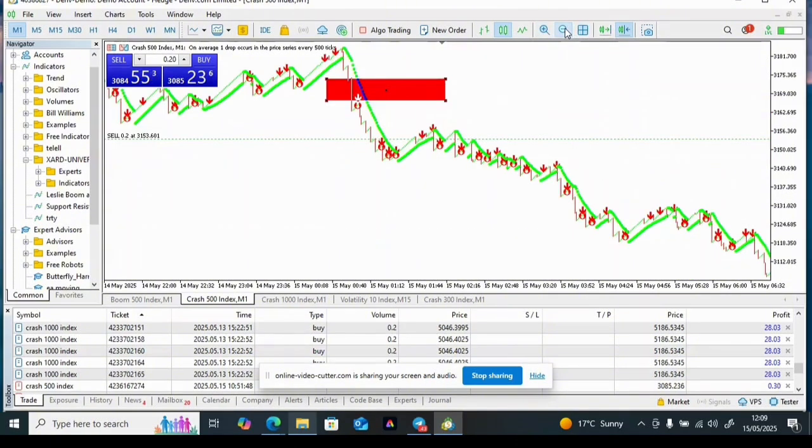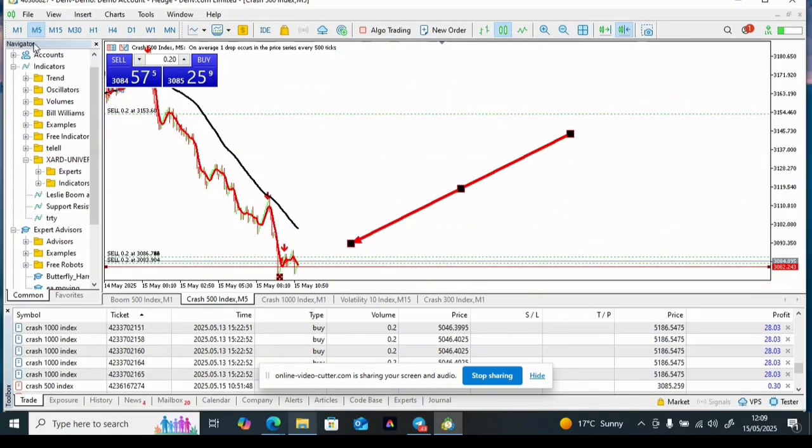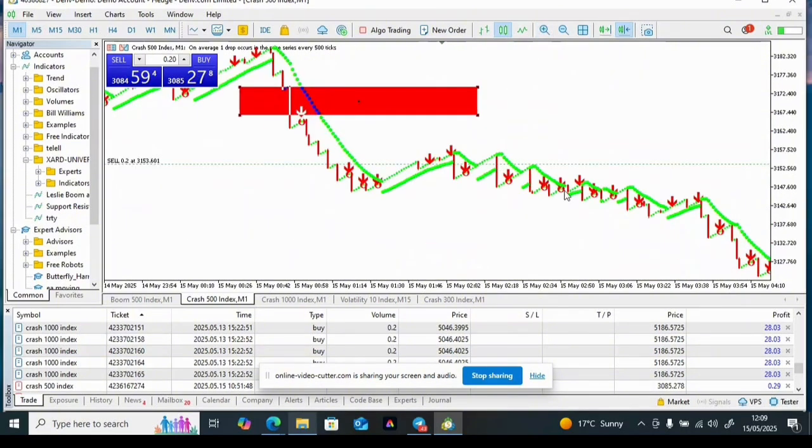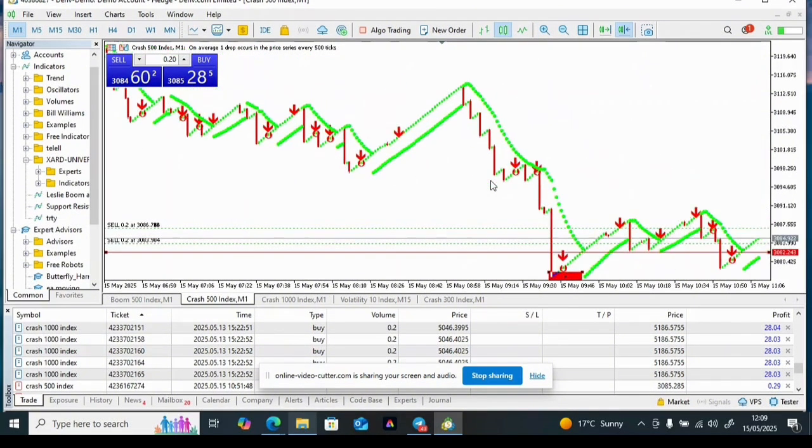Anyways, guys, thank you for watching the video. Crossover on M5, you come to your M1, use your proper risk management. We talked about this. Out of 10 signals, you can have 8 signals and you can make your money.